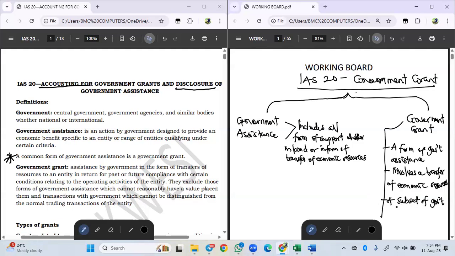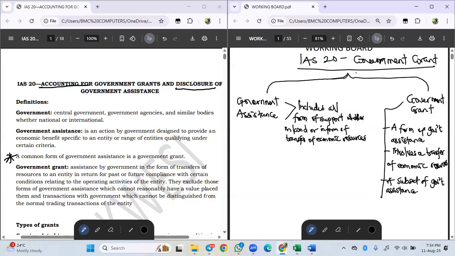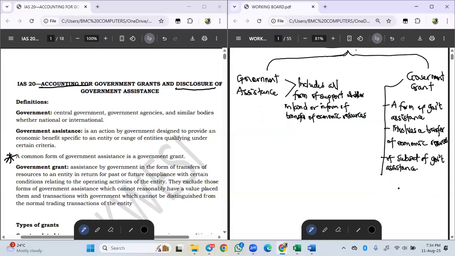Accounting. So how do you understand it? It will be cash or assets. Economic resource, I was thinking cash, personnel, and labor.